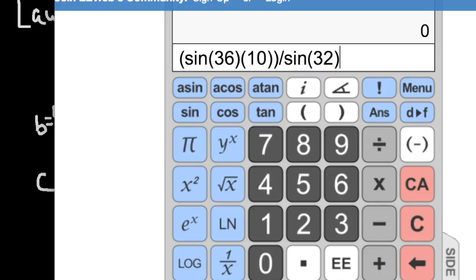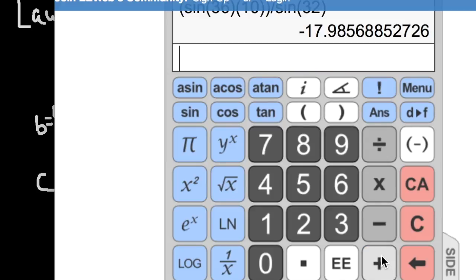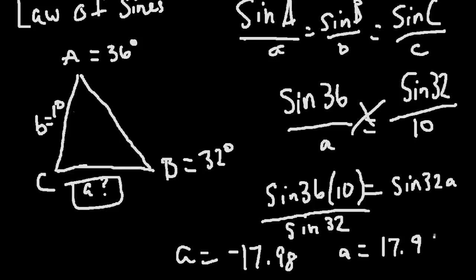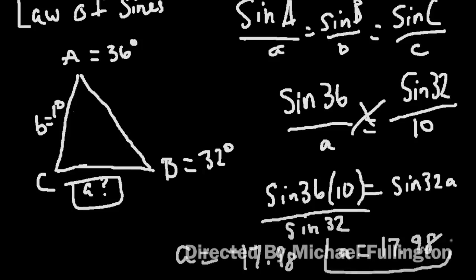So we get side A equaling negative 17.98, and usually when we do that, you'll use the absolute value. That's just a direction usually, so A equals 17.98.